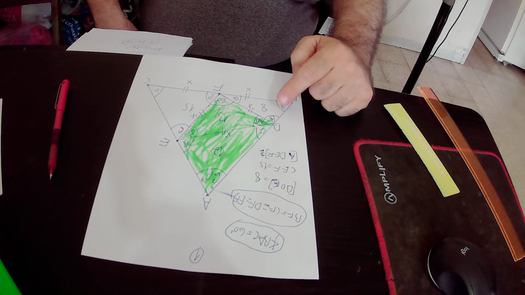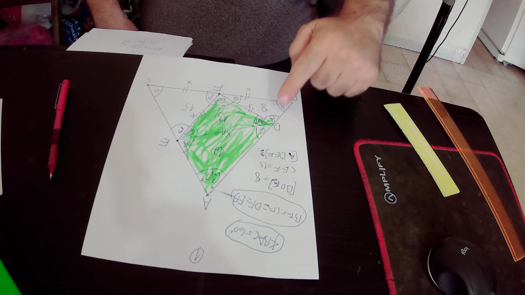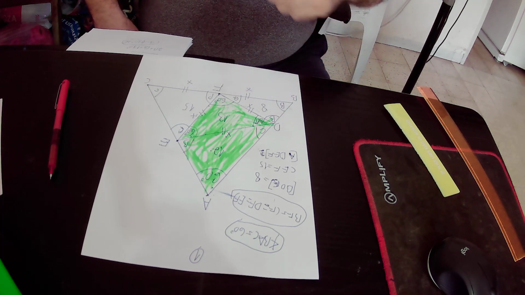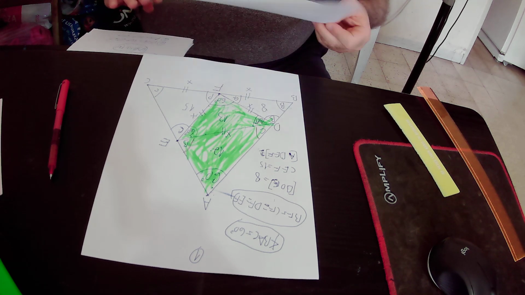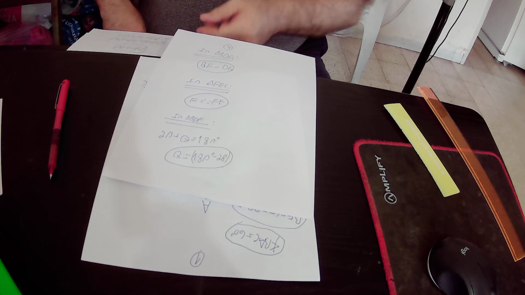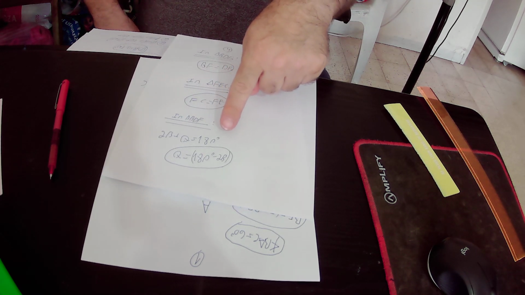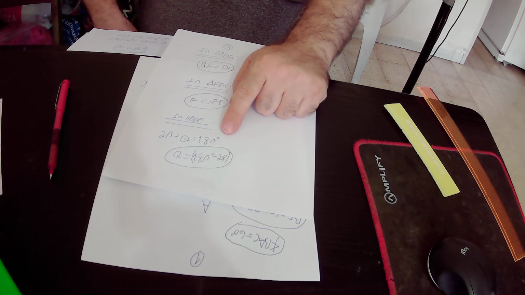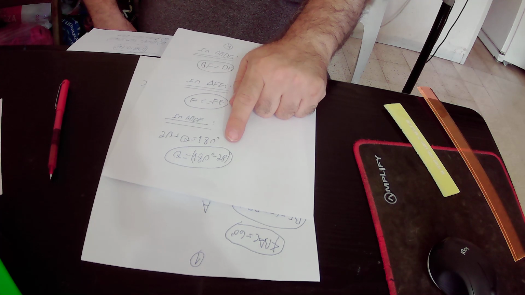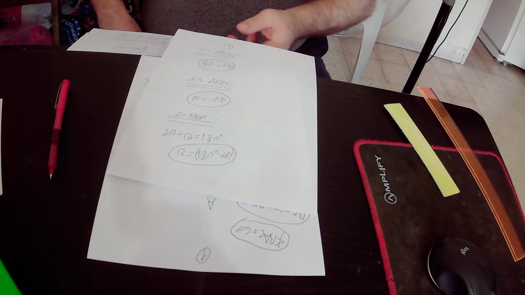It is true especially in triangle DBF. The sum of its angles is equal to 180 degrees. That is to say, B plus B plus Q must be equal to 180 degrees, so 2B plus Q equals 180 degrees. We subtracted 2B from this equality and got that Q equals 180 degrees minus 2B.